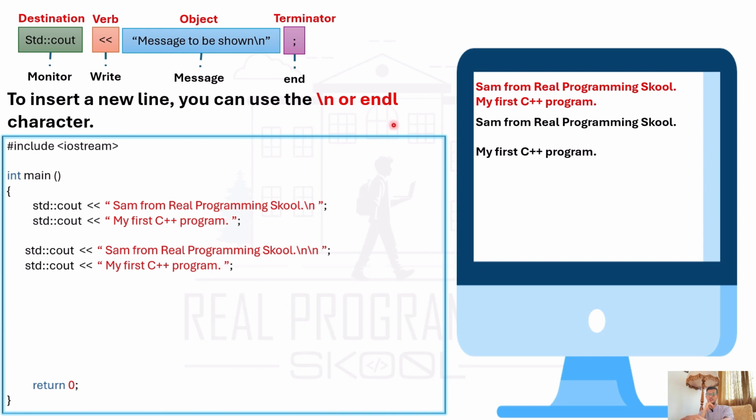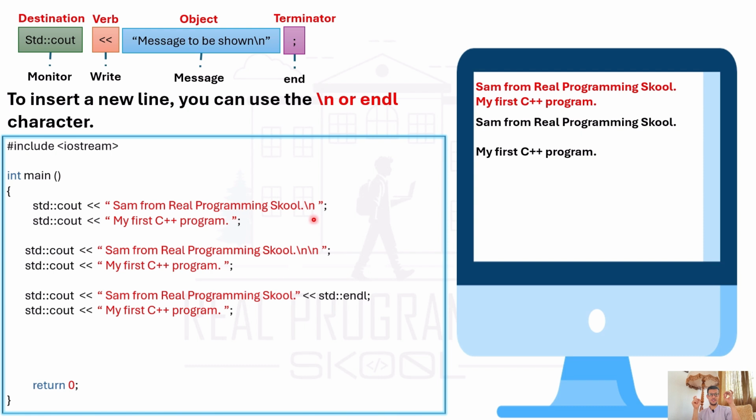There is another way, the endl. We should write it like this: "Sam from real programming school", less than, std::endl, semicolon. We don't add it inside the double quotation like before. Before, in this program, we wrote the \n between the double quotation, inside the string.